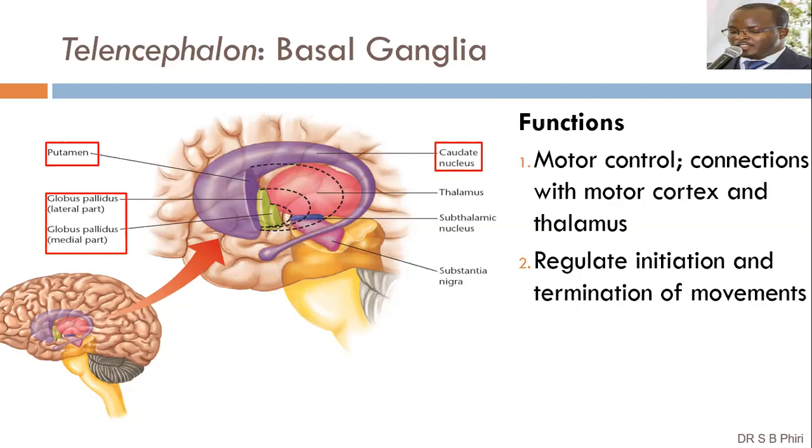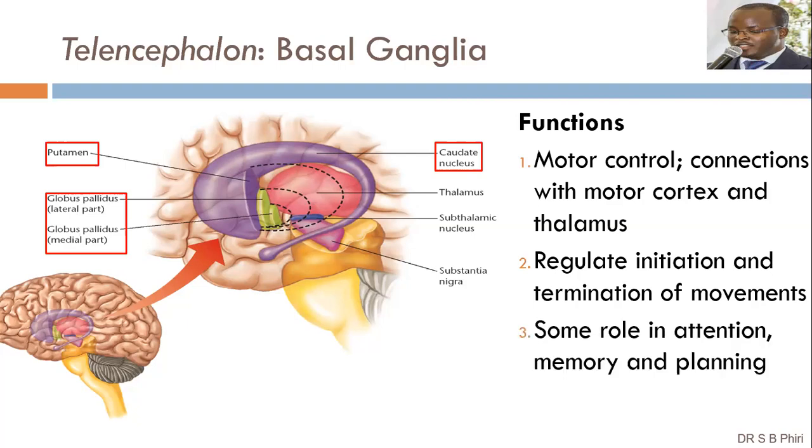It's also involved in regulation of initiation and termination of movements. Then there is some function in attention, memory, and planning. So the combination of putamen and globus pallidus is called the lentiform nucleus, like I said.